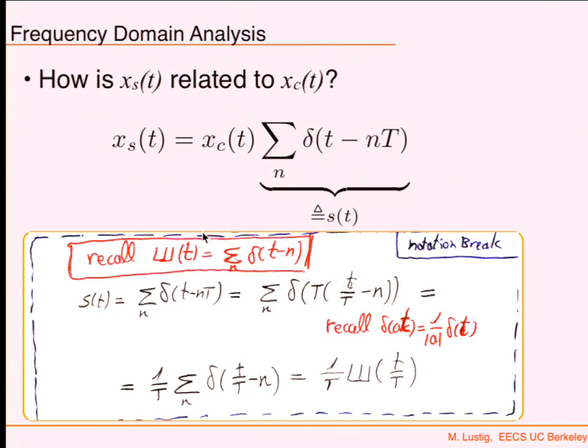So delta of a times t equals 1 over the absolute value of a times delta of t. Hence, if you want to write this in terms of the Shah function, you get 1 over capital T, Shah function of t over capital T. But this has impulses of amplitude 1.